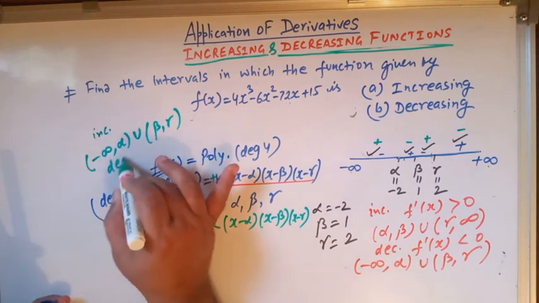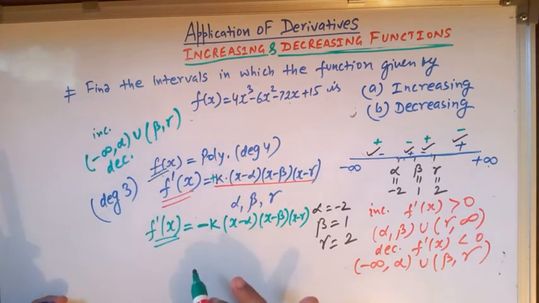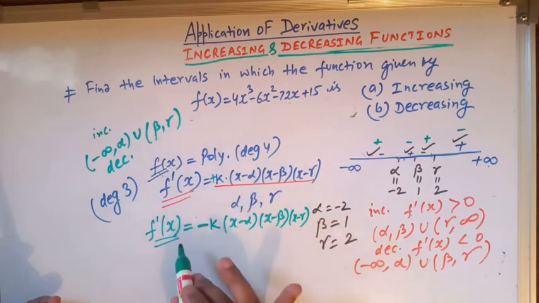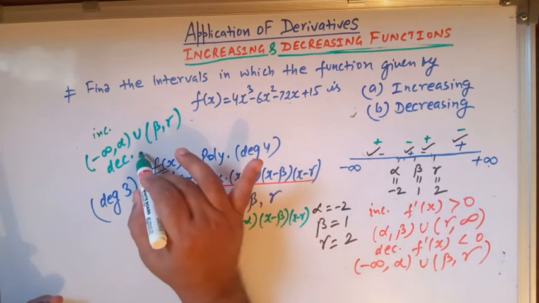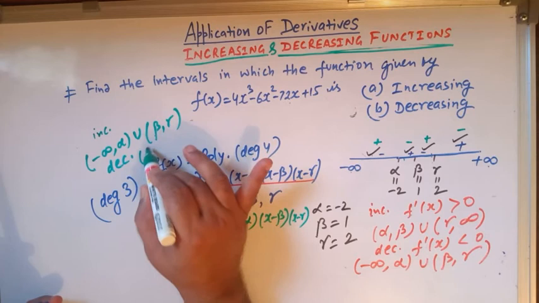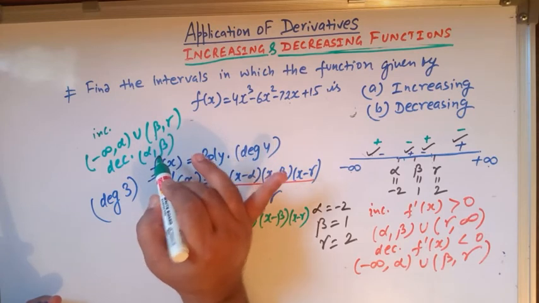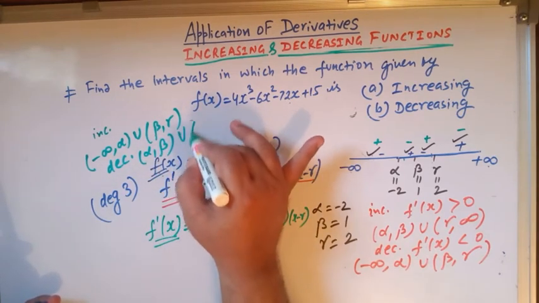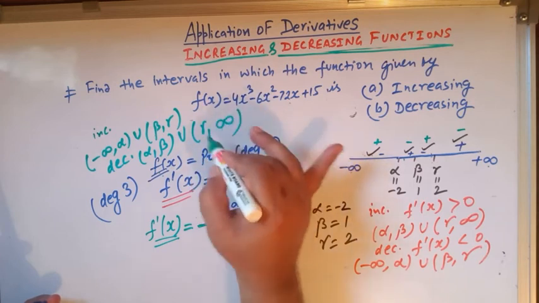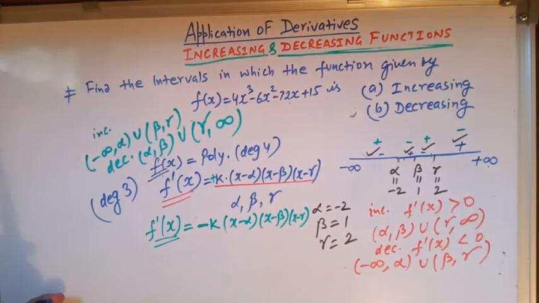Similarly, the function will be decreasing if x belongs to alpha to beta union gamma to infinity. Clear?